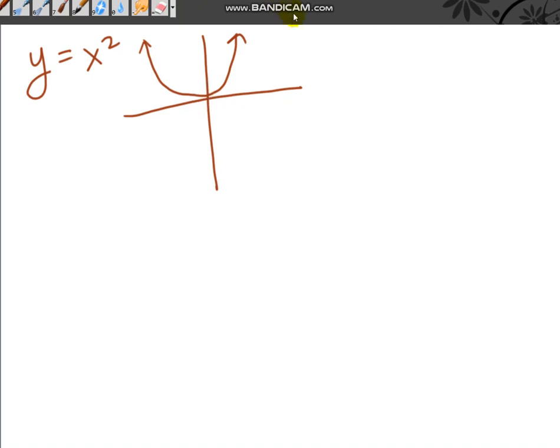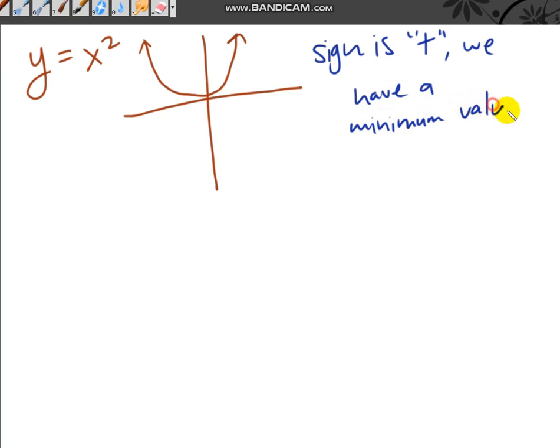A minimum value. Okay, so if the sign is positive, then we have a minimum value. So if the sign is positive, we have a minimum value.